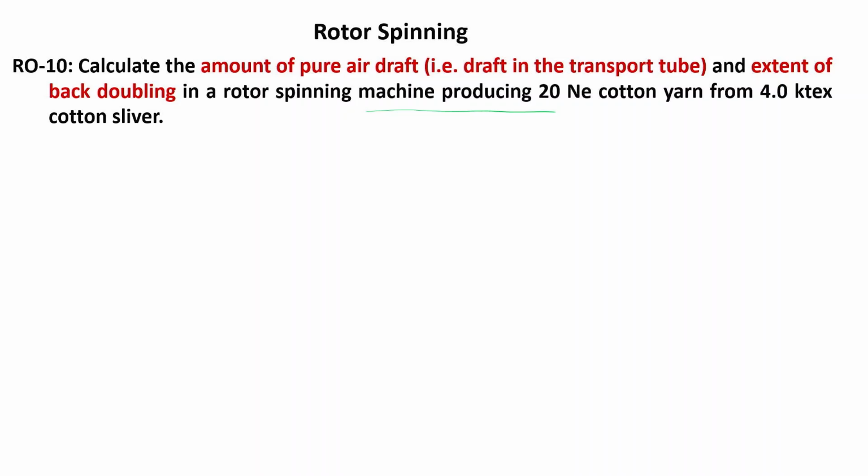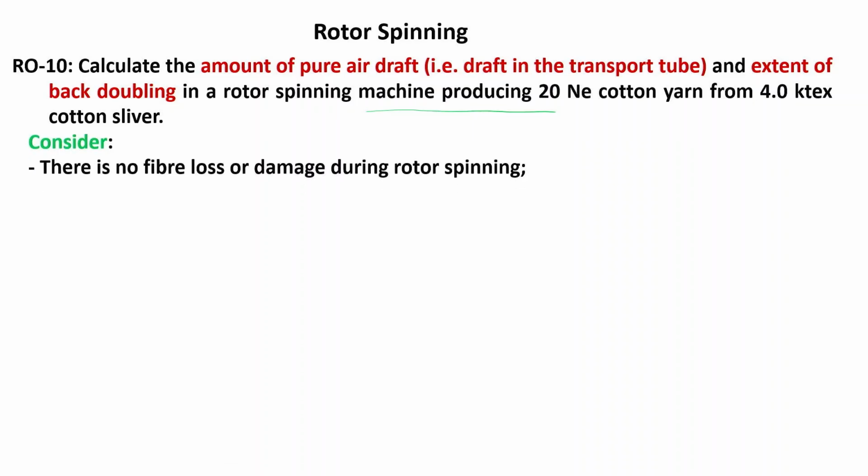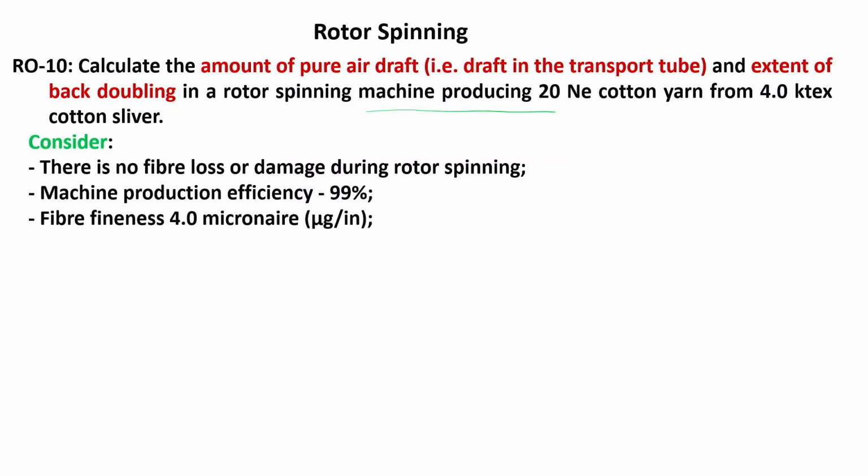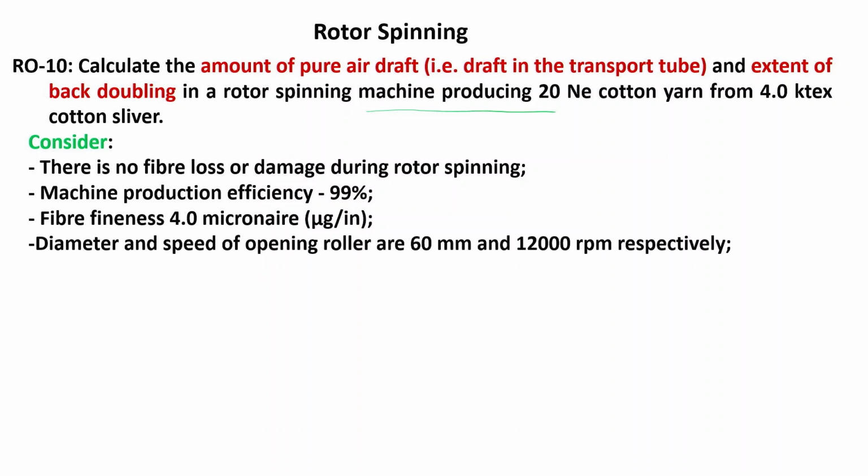Okay, so what are the data given? There is no fiber loss or damage, machine production efficiency is 99%, fiber fineness is 4 micronaire, diameter and speed of opening roller are 60 mm and 12,000 rpm respectively.